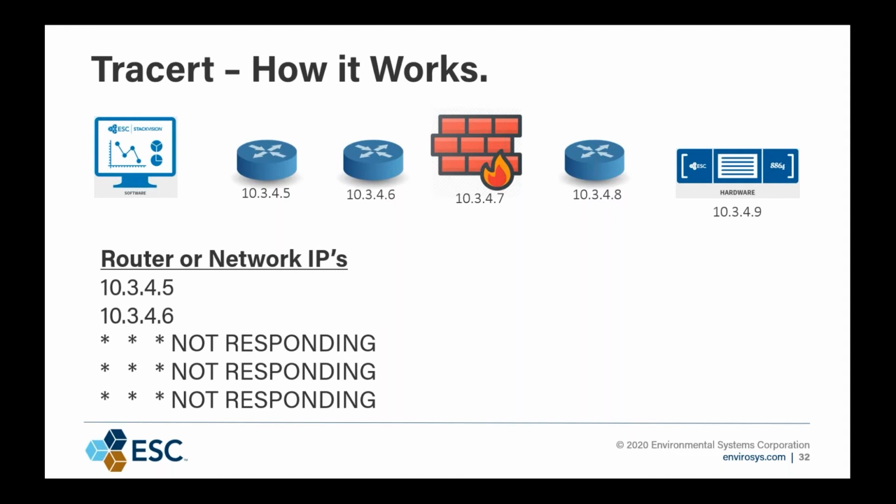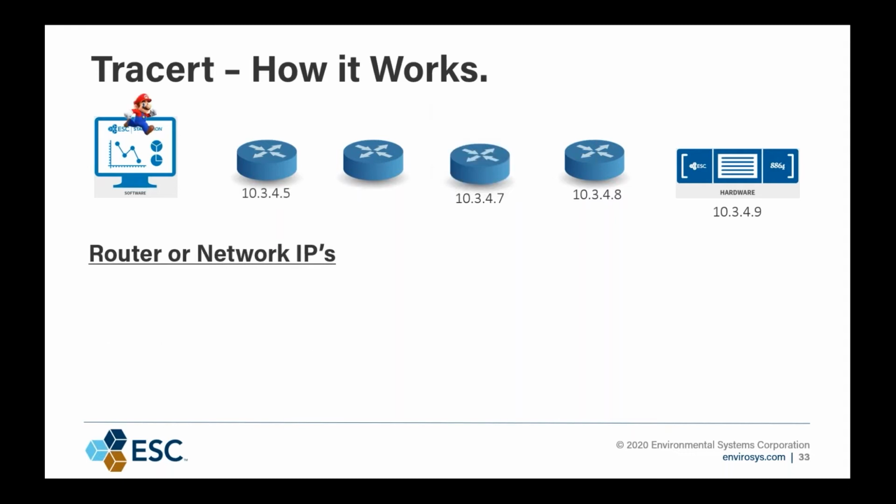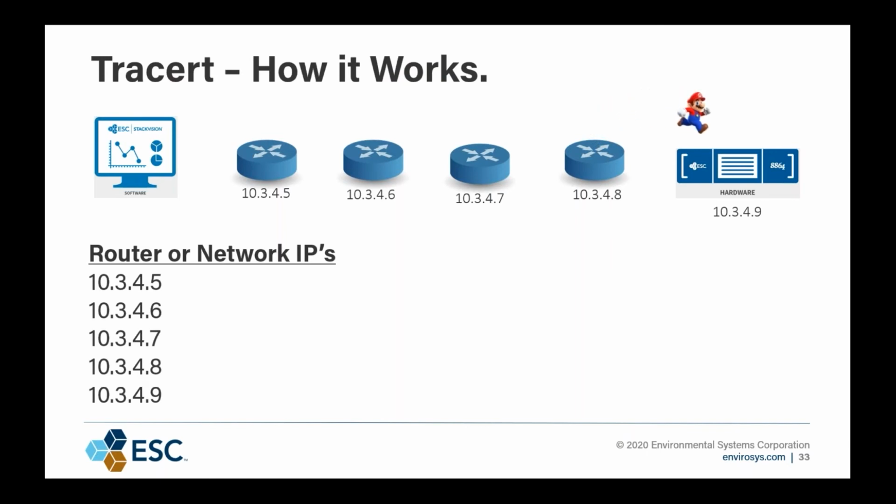And the rest of the IP addresses that are listed here are not going to be showing up. And we can't let Mario fail, so I made another slide with him making it all the way through. And it lists all of the IP addresses from start to finish.